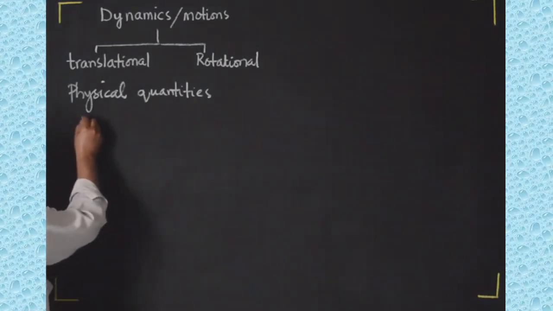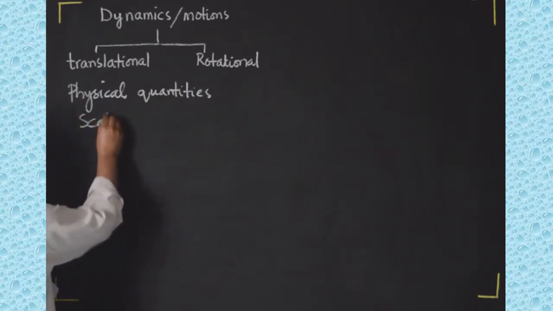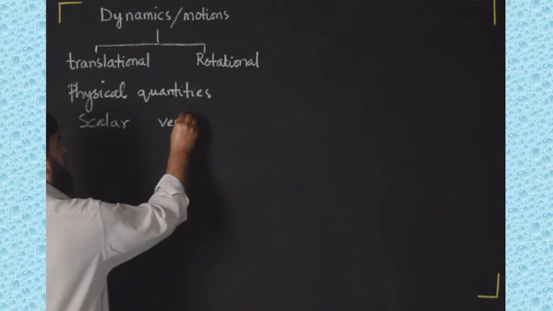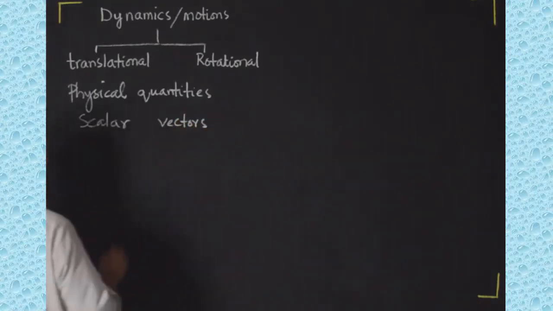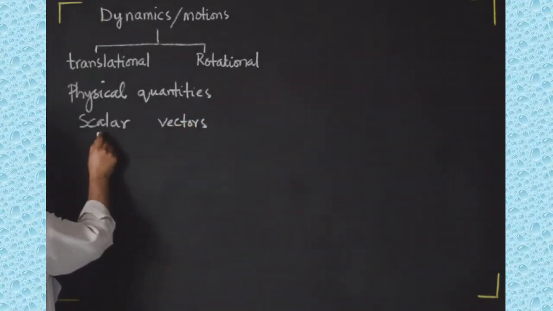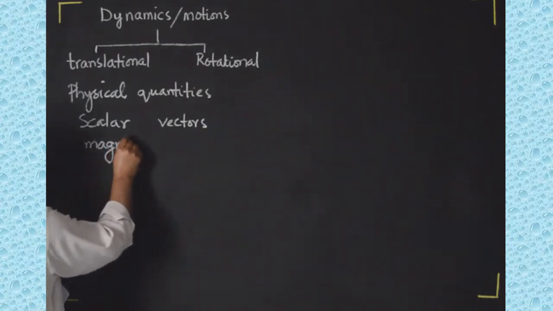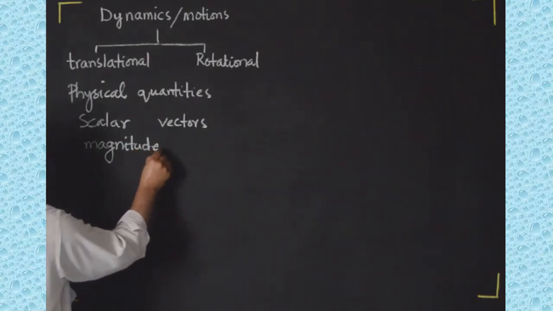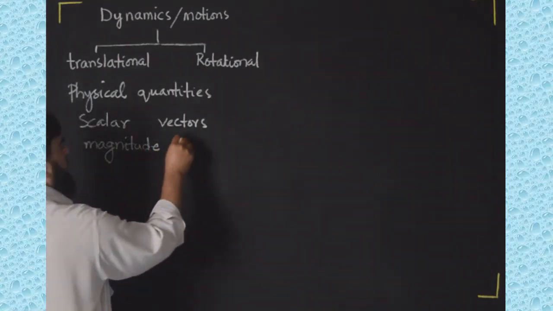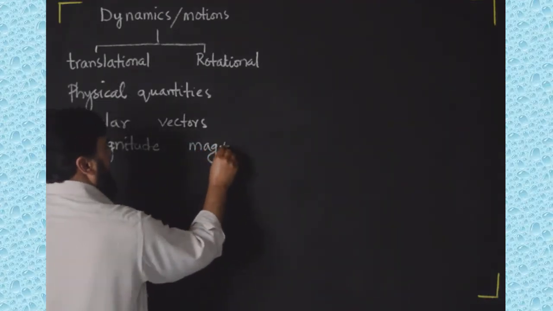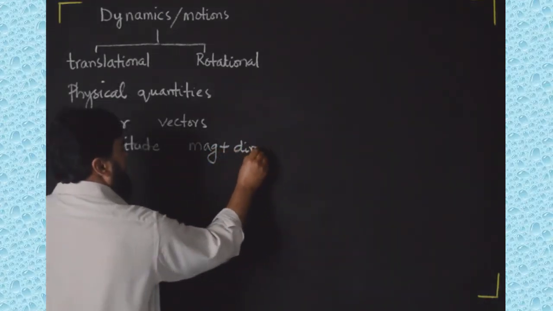So some of the physical quantities are scalar and some are vectors. Now in scalar we only have a number or magnitude, while in vectors we have, with this magnitude, a direction as well.